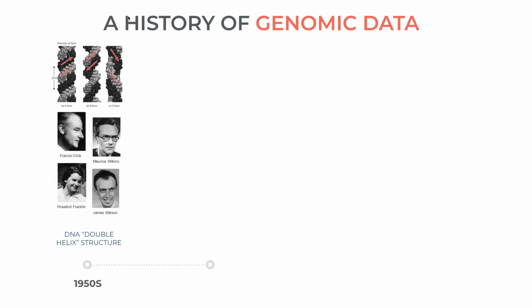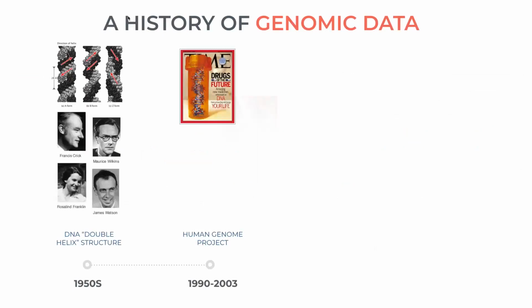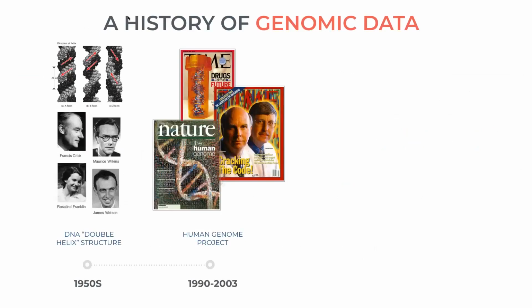And then very soon after that, everybody was aware of the DNA and the role it plays in molecular biology. And in the 1990s, the Human Genome Project brought that front and center for everybody to be aware of the revolution that this type of data could bring to our understanding of human health and disease.